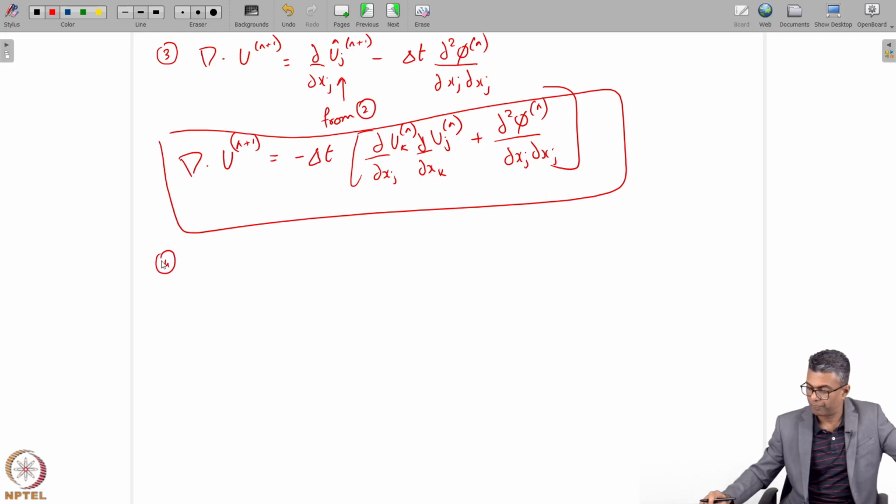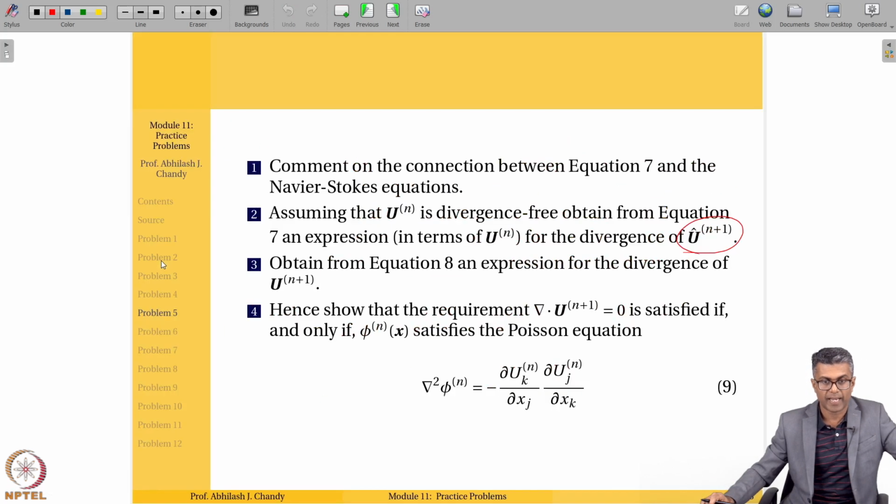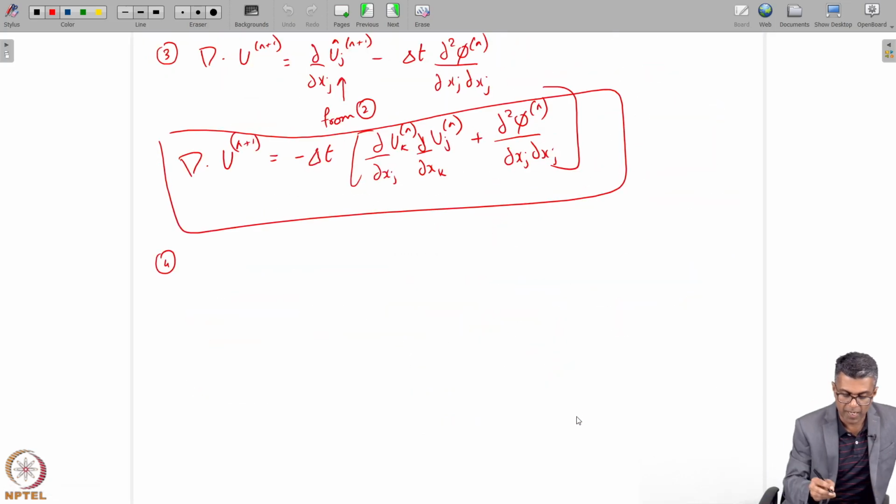Part 4. Hence show that the requirement del dot u of n plus 1 is equal to 0 is satisfied if and only if phi n satisfies the Poisson's equation, which is given by this. So this will be equal to 0.